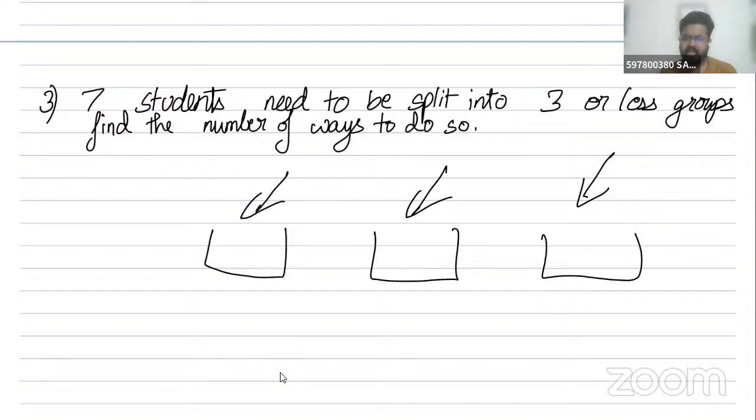Don't overcomplicate the question. There are three different teams. Think of this as three houses in which seven students need to be distributed. How many ways can that be done? It's a straightforward answer.